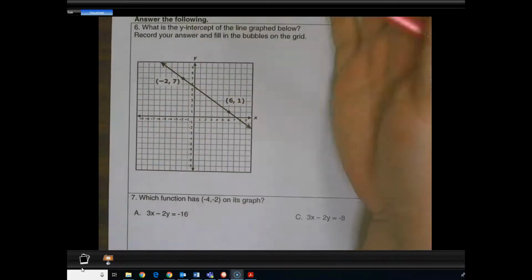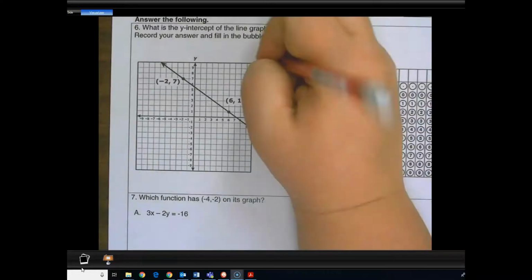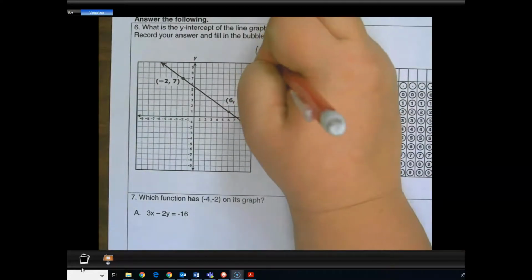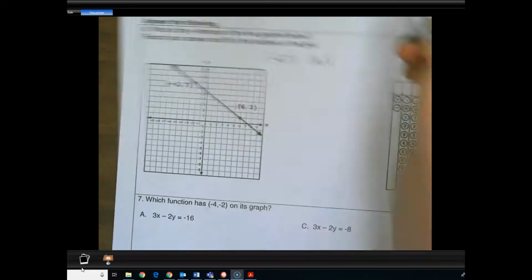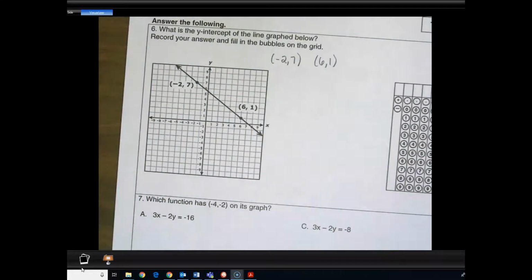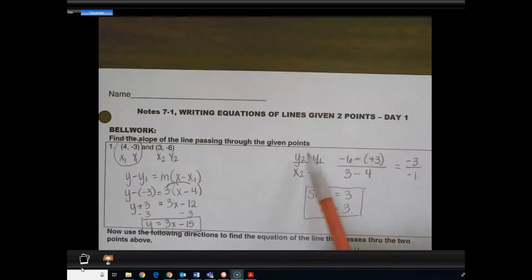So there are multiple ways here to find my slope. I can take those 2 points, (-2, 7) and (6, 1), label them x, y, x, y, make one of them my 1s and the other my 2s, and then do y2 minus y1, kind of like we did right here on the front side.